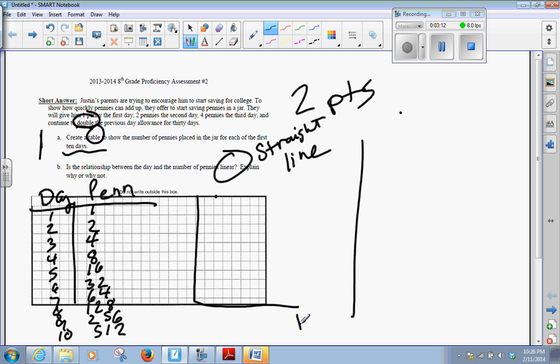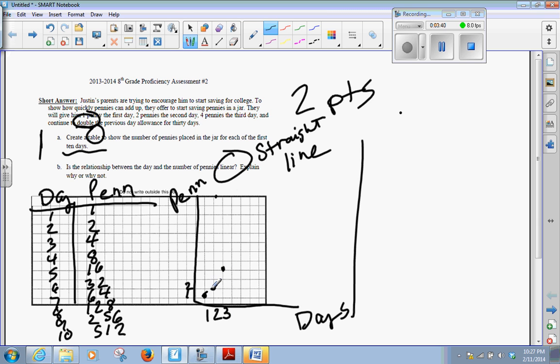So my days would be here across the x, my number of pennies would be right here. So at day 1, I would have 1 penny. So I would have a point right there. At day 2, I would have 2 pennies. So there's my 2 right there. Okay, so far it is looking linear. Day 3, I would have 4 pennies. So I'd go up 1, 2, 3, 4.